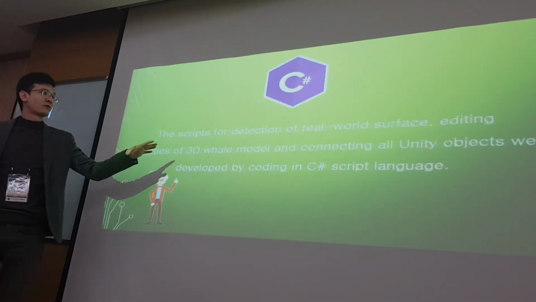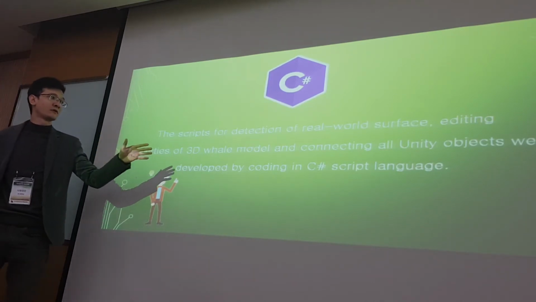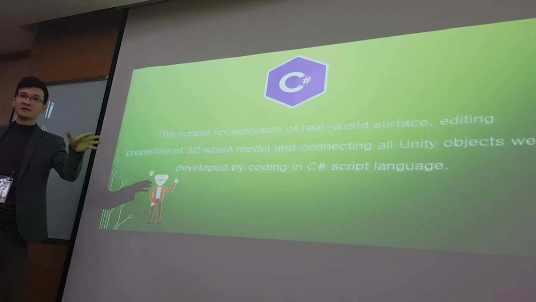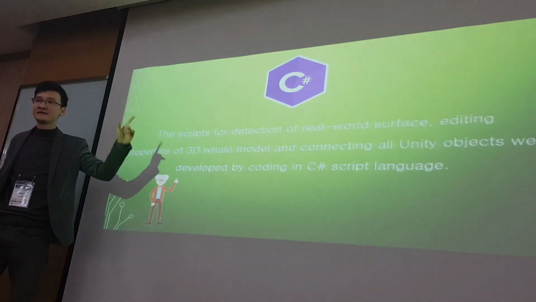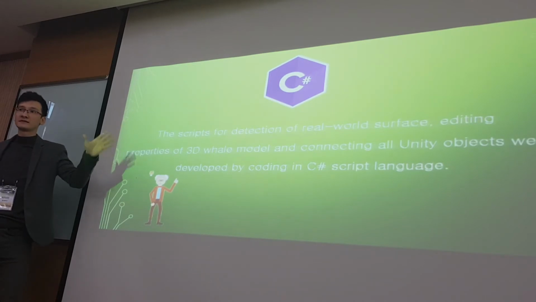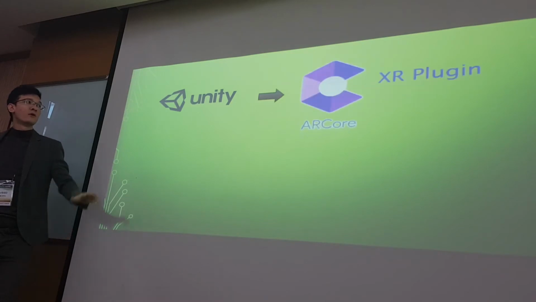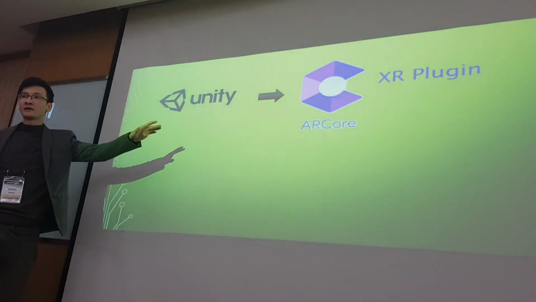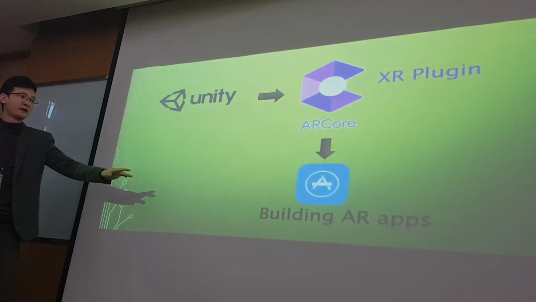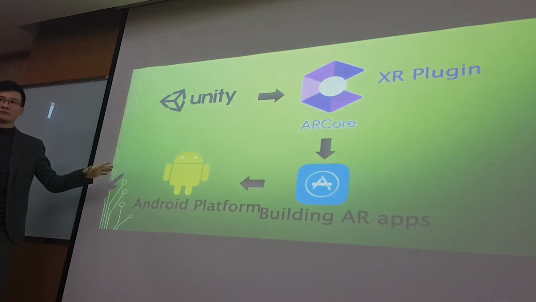Then the scripts for detection of real-world surfaces, editing properties of the 3D whale model, and connecting all Unity's objects were developed by coding in C# script. So mainly C# is used to make all the things. We also used the AR Core XR plugin in order to build AR apps for the Android platform.